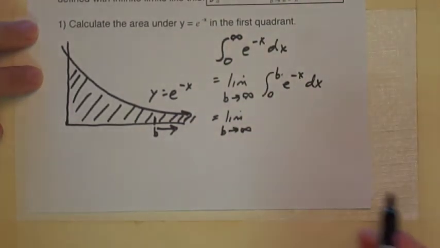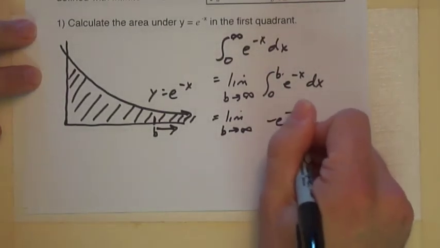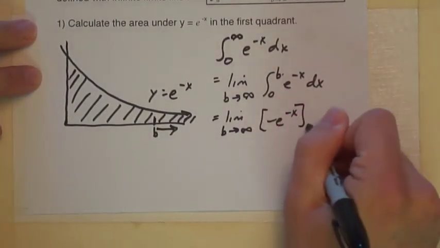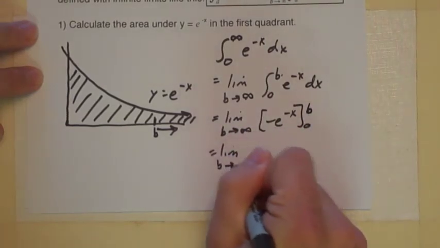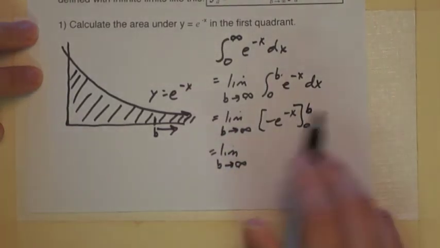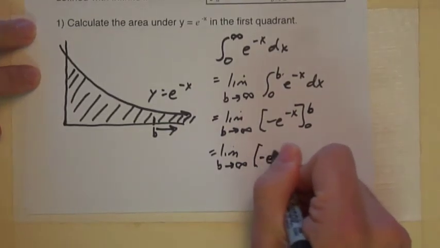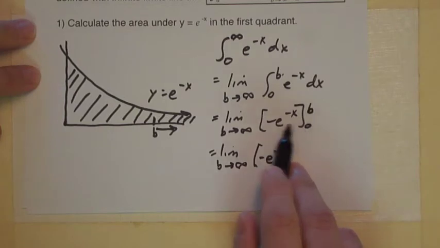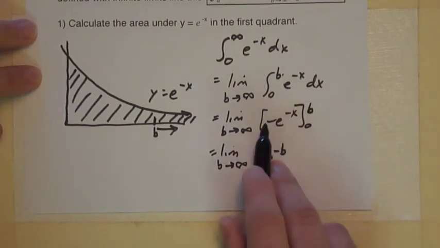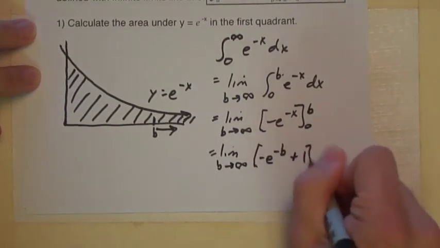So let's do it in this case. The antiderivative of e to the negative x is negative e to the negative x, and we evaluate that from x equals 0 to x equals b. So we get negative e to the negative b, and then we plug in a 0. E to the 0 is 1, so we get minus negative 1, so it's plus 1.